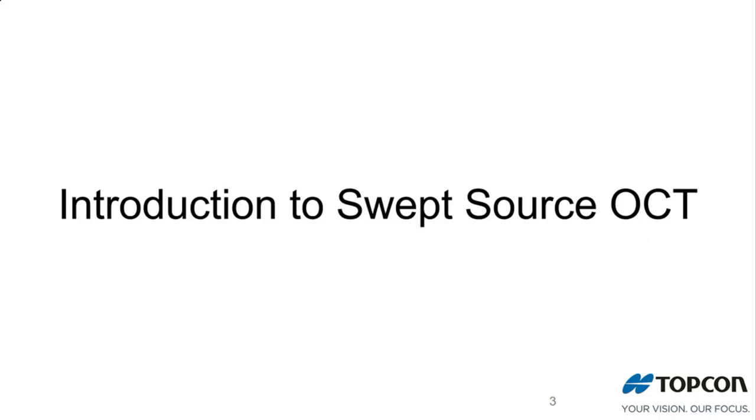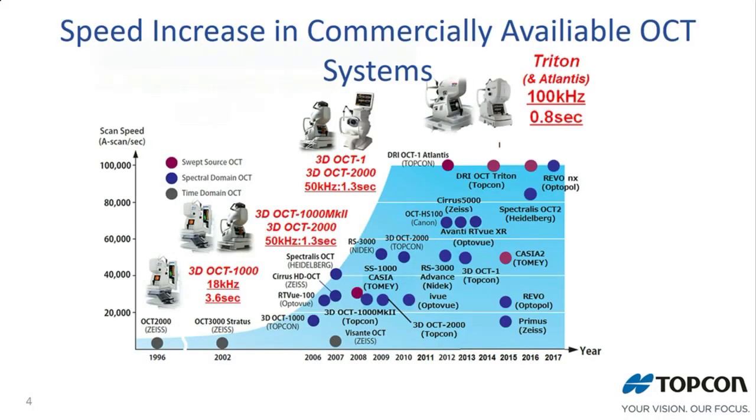So let's do a short introduction to swept source. Over the last 20 years, we have seen, from here in 1996, when Zeiss brought out the OCT 2000, it had a speed of about 5,000 to 7,000 A scans per second. And over the next 20 years, we had an exponential increase in the speed until we get to here, which is about 100,000 A scans per second.